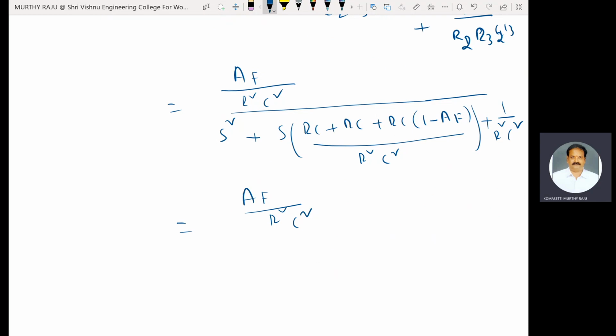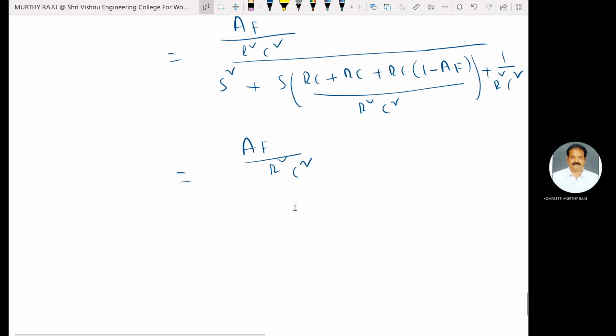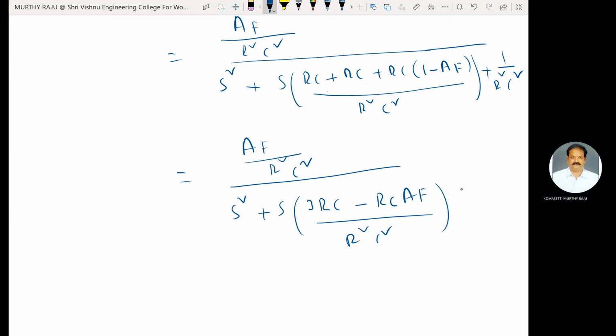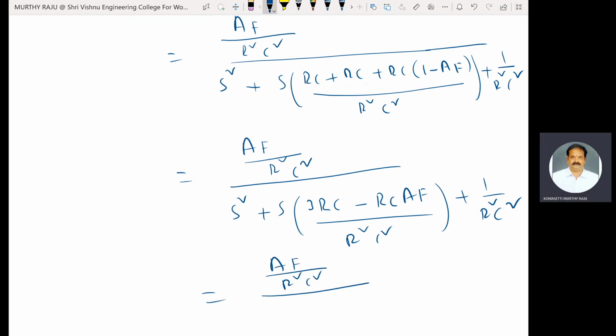Simplify this one: S square plus S into 3RC minus RC AF by R square C square plus 1 by R square C square.